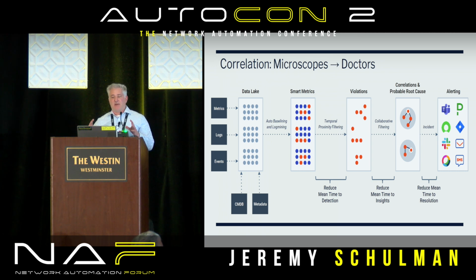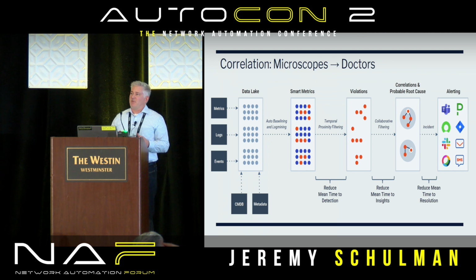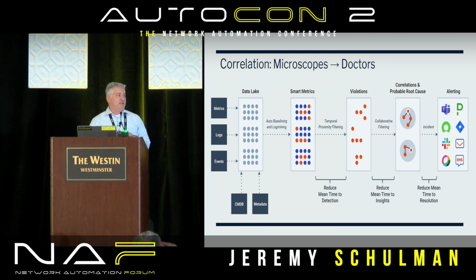That data lake is then being analyzed based on machine learning and other algorithms that tell us, is this good data, is this bad data? For example, maybe we have a transceiver running too hot, and we see that's an issue. Or maybe we see we're taking interface flaps, and that's an issue.